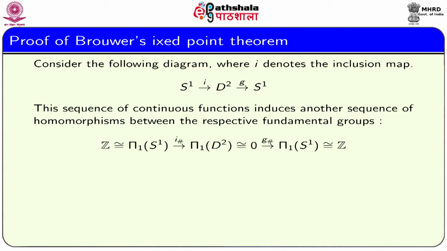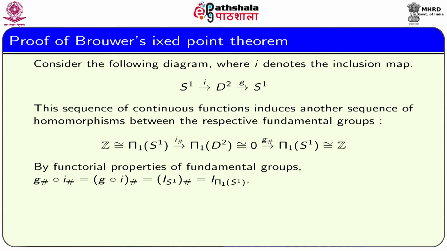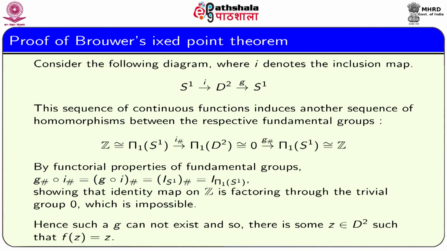Now, since D2 is a closed disk, it is contractible, and therefore, the fundamental group of D2 is isomorphic to 0, that means it is a trivial group, and on the other hand, pi 1 S1 is the cyclic group of integers Z. By functorial properties of fundamental groups, g sharp composed with i sharp is equal to (g composed with i) sharp, which is equal to the identity function on S1 sharp, but that is again by the other functorial property the identity on pi 1 S1, showing that the identity map on Z is factoring through the trivial group 0, which is impossible.